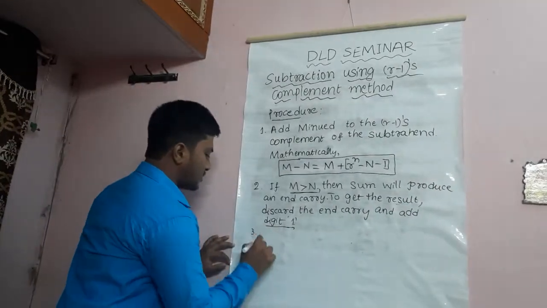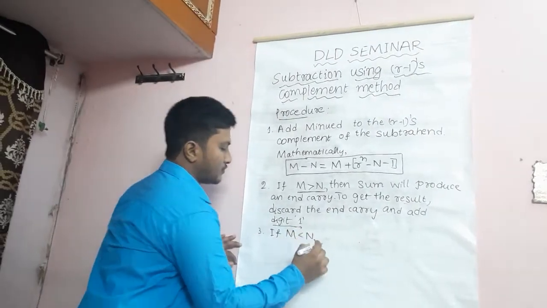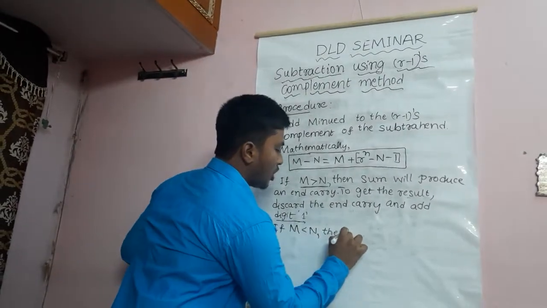Now the third step is, if capital M is less than capital N, the sum will not produce an end carry.